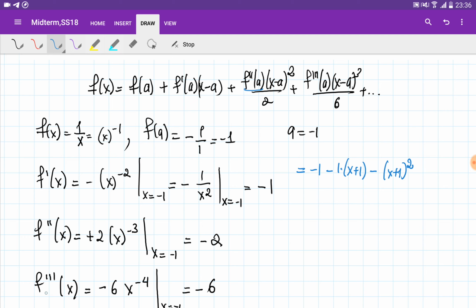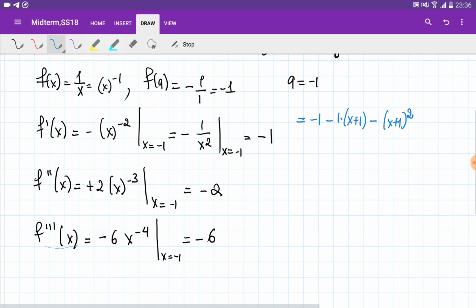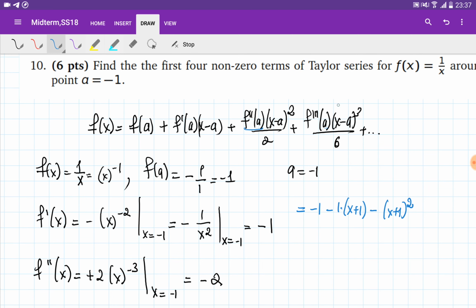When we take the third derivative and evaluate this at a, it's going to be minus 6. If I substitute the minus 6 here, it's going to be again minus 6 over 6, which is minus 1, right? multiplied by x plus 1 cubed and so on. So you might guess that the next term is simply minus x plus 1 to the power of 4 and so on.